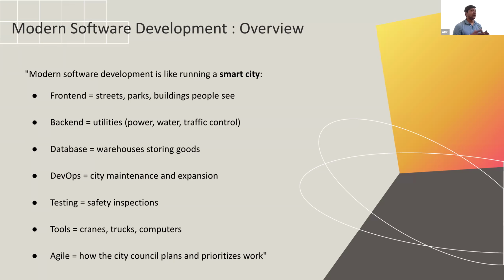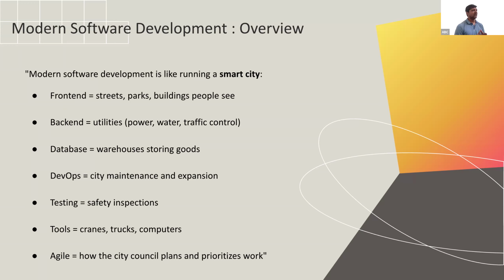Backend is something that runs the city. That means the utility, the power, water, traffic, and all of that is more like a backend. Database is a place where we keep all the goods, all the information is stored, so that even if the power goes off, there is something to hold that, like a warehouse.